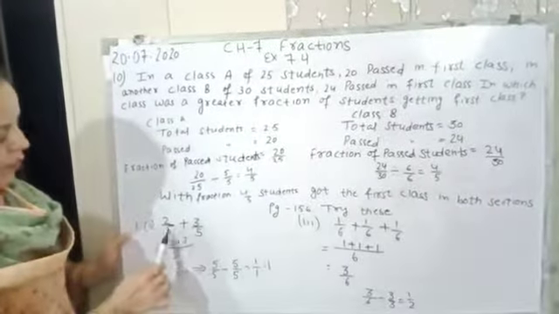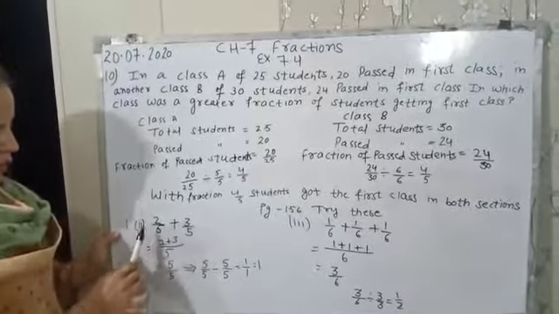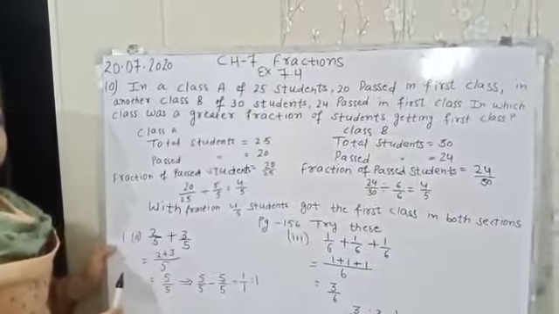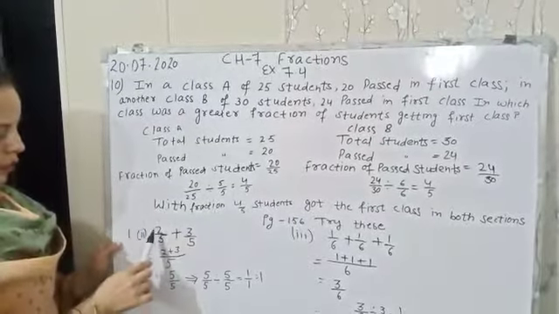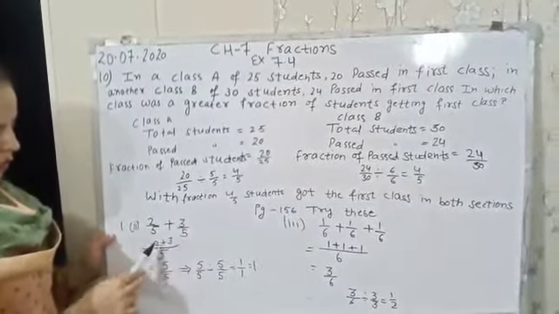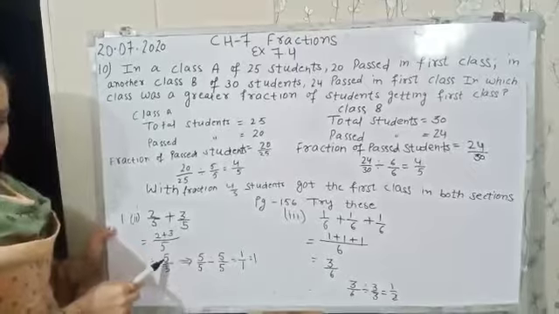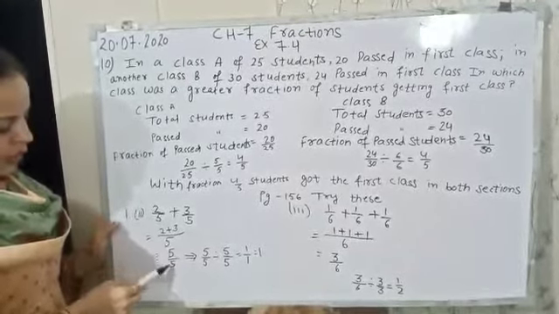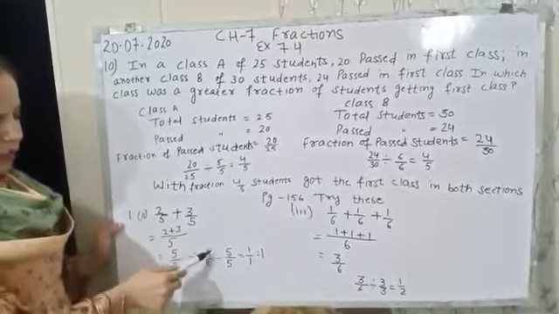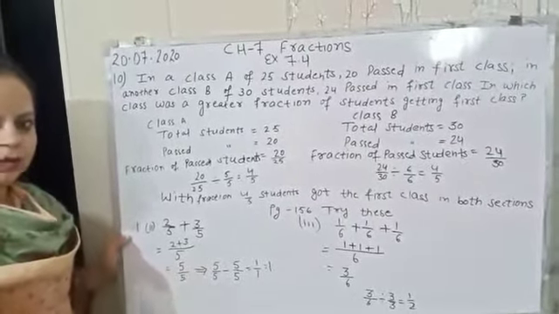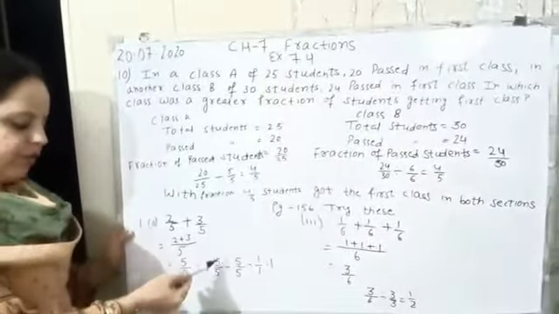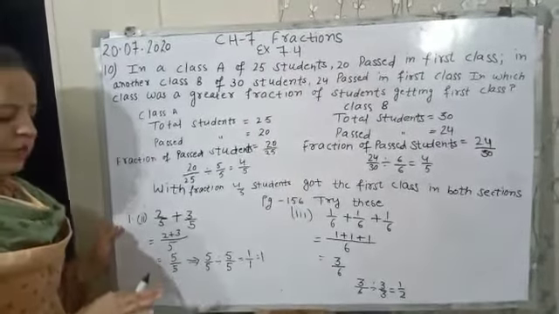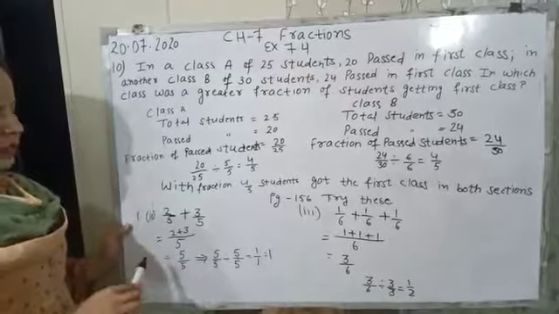Now when we take the LCM as 5, no need to change the numerator terms. We will take the same numerator terms as 2 plus 3. Now this 2 plus 3 is 5 and in the denominator we already have 5. It comes as 5 by 5. This 5 by 5 is divisible by only 5. As you know, 5 is a prime number and prime numbers are always divisible by 1 and itself.